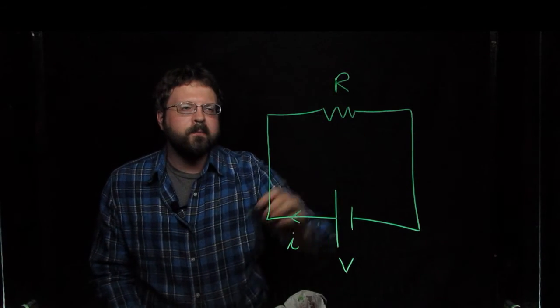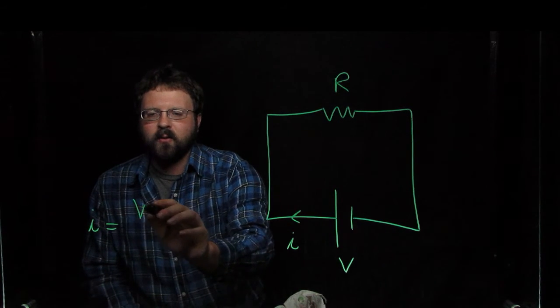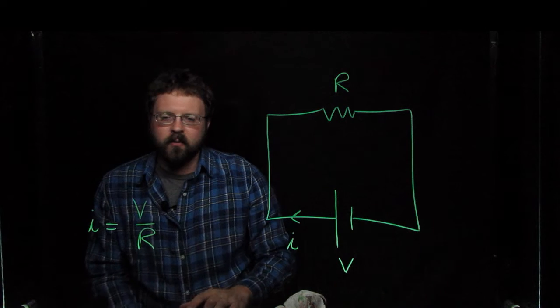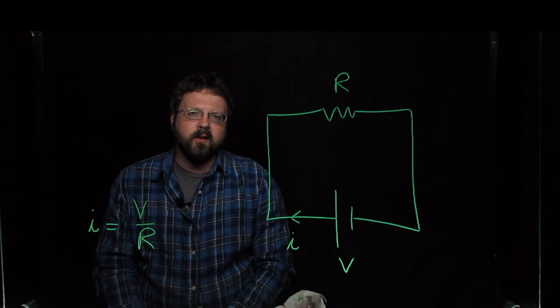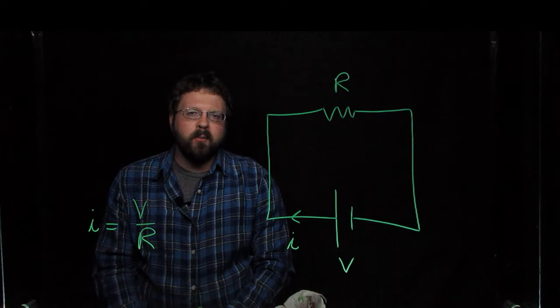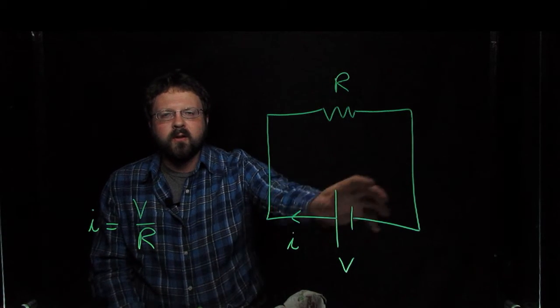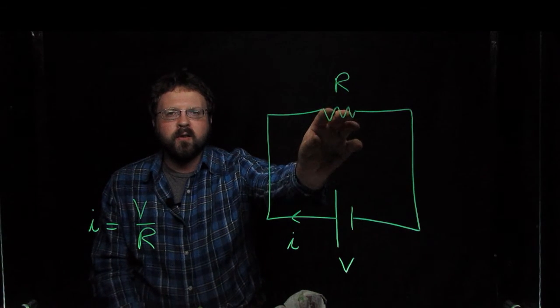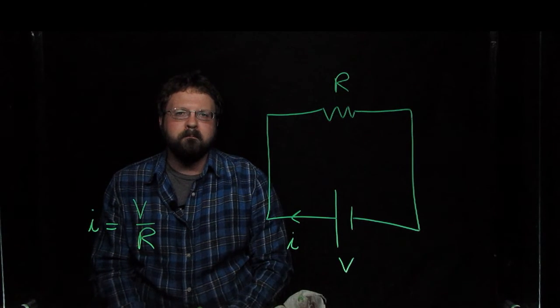And you'll remember that the current is given by the voltage over the resistance. So one reason we use resistors is to limit the amount of current through the circuit. So by putting a bigger resistor in the circuit, we can limit the amount of current that flows through. If we reduce the resistor, that'll increase the amount of current flowing through the circuit.